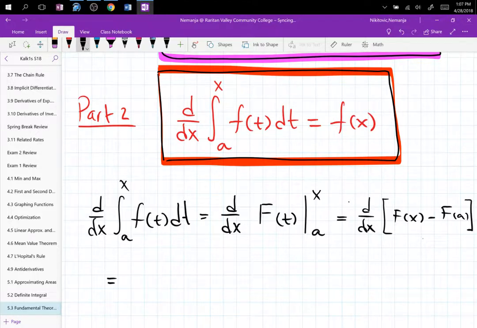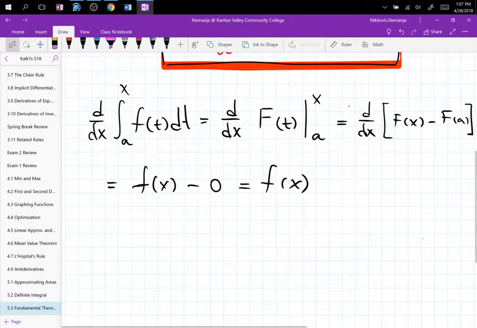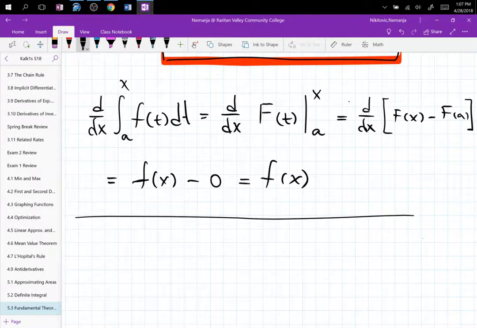Now the derivative of the antiderivative goes back to the original function f of x, and the derivative of F of a, well, a is a constant, a number, a 3, 7, whatever. When you plug that into a function, you get another constant. So minus 0, and you just get f of x. This was a proof.